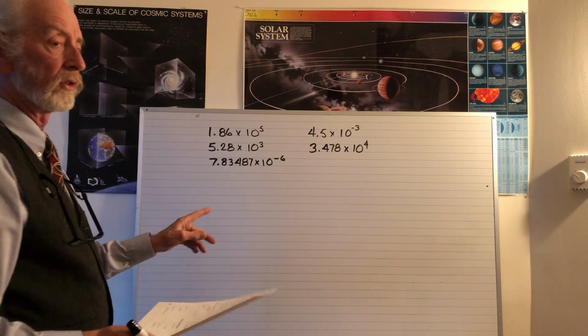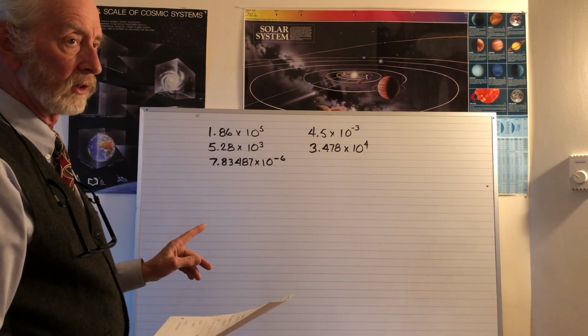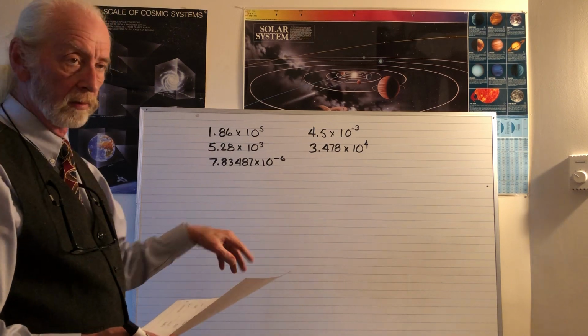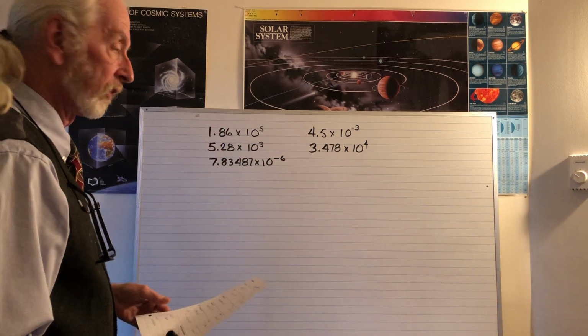The decimal went to the left, so the exponent goes up. Think of a thermometer, 8 below 0, goes up 2 degrees, now it's 6 below 0.